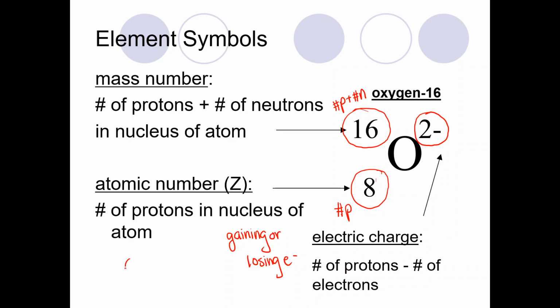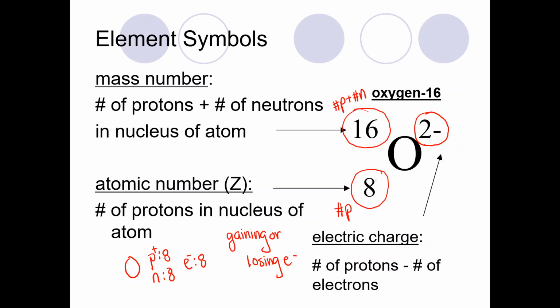So if I just had a neutral atom of oxygen, right, my protons would be 8. My neutrons, based on this mass number right here, protons plus neutrons equals 16, so my neutrons would also equal 8. And my electrons would equal 8 because my positive protons cancel with my negative electrons, making it neutral.